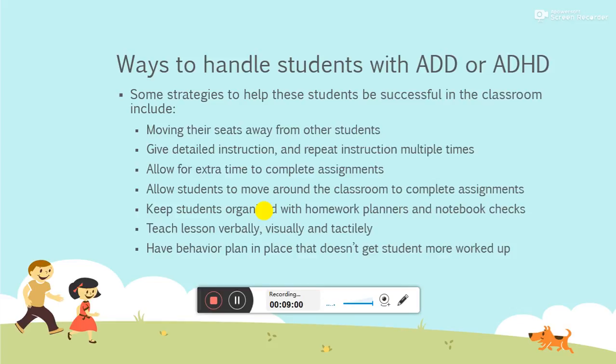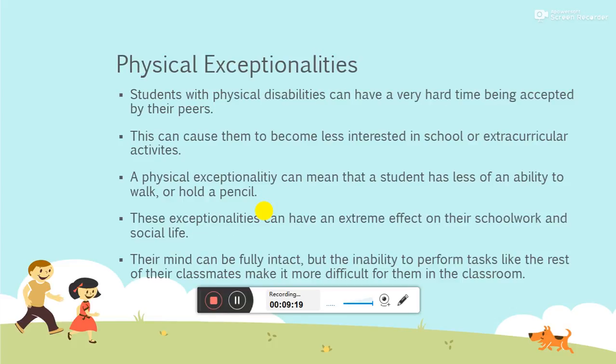So it's important to have a good plan in place for that. And also have a behavior plan, just like for students with autism. A lot of times disciplining these students can cause them to get even more frustrated and more worked up. So having a good plan in place can help alleviate those issues.